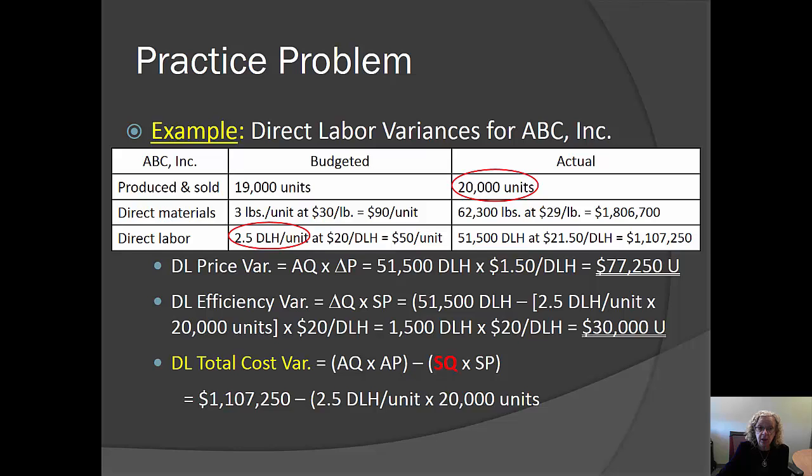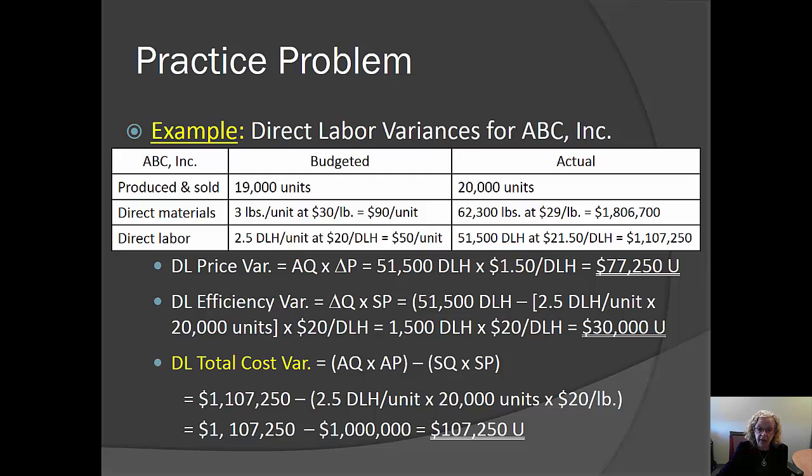We can figure out the standard cost, 2.5 labor hours per unit times 20,000 units times the $20 standard cost. That works out to an unfavorable variance of a little over $107,000.